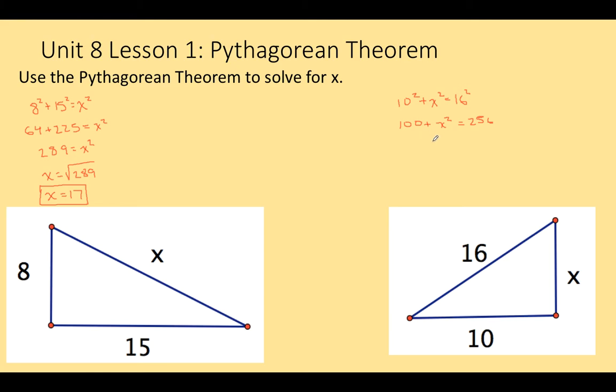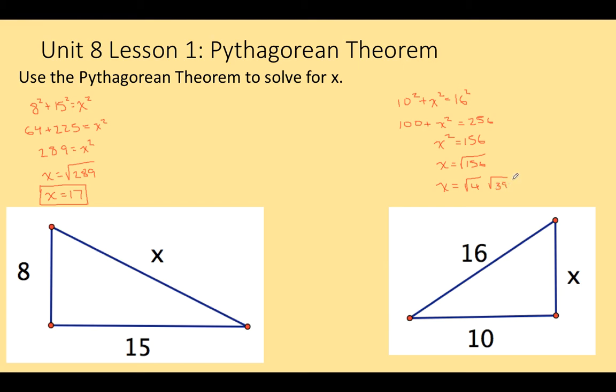We subtract the 100 from both sides and we get x squared equals 156, which is definitely not a square number. So x is equal to the square root of 156. And again, we're going to start determining whether or not we have any square factors. And it looks like we could split this up into the square root of 4 times the square root of 39.